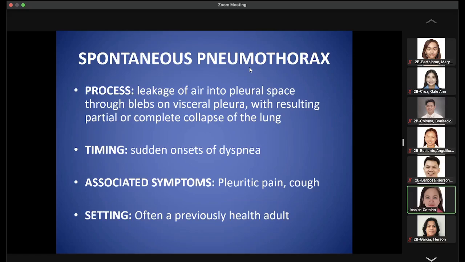A healthy adult, just sitting and listening to a lecture at the desk, suddenly has difficulty breathing. Then you can think of spontaneous pneumothorax as one differential.